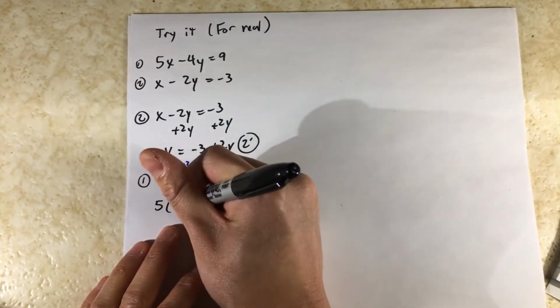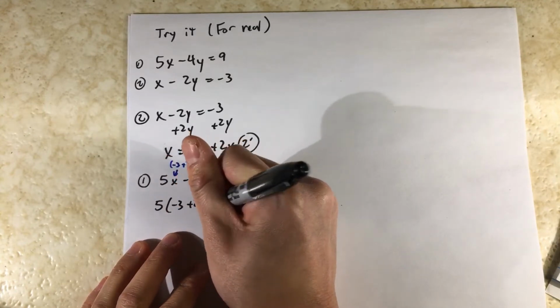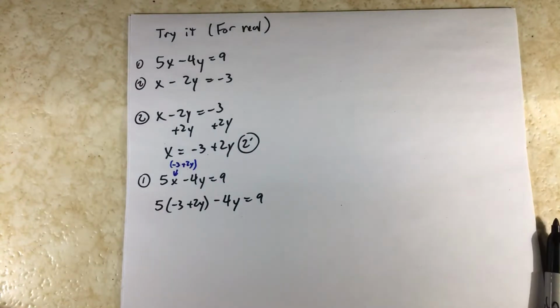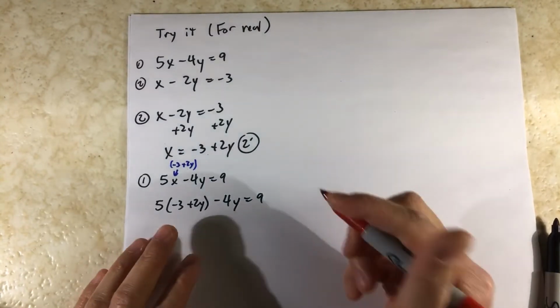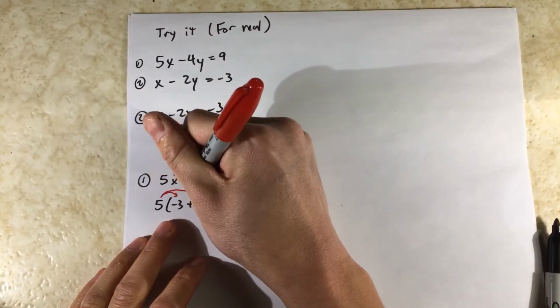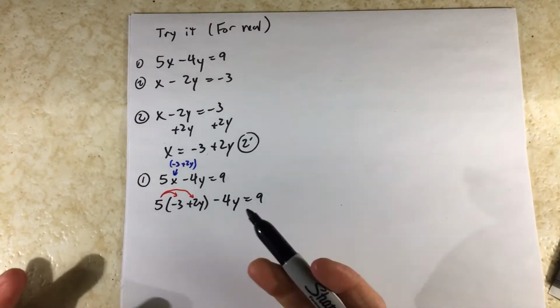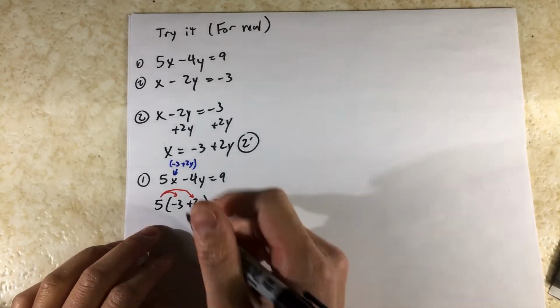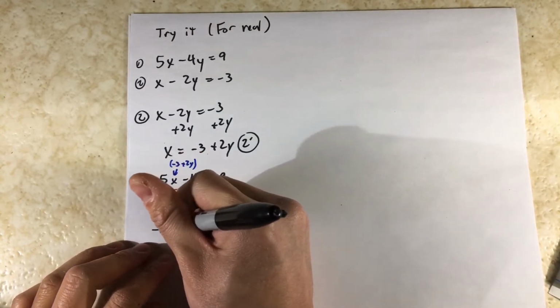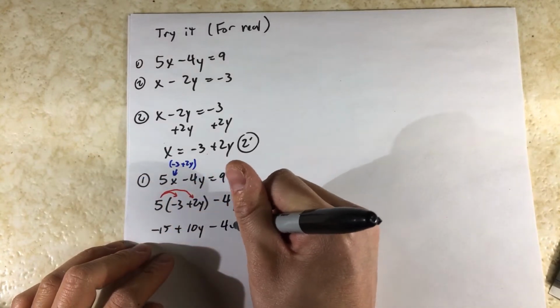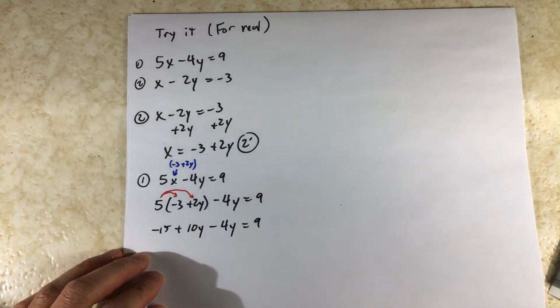So I get 5 times negative 3 plus 2y, minus 4y, equals 9. I used red for distribution, so that's what I'm going to do now. That 5 gets distributed to each of those terms. You see here I don't have any more x's because I eliminated them. So I get 5 times negative 3 is negative 15, plus 10y minus 4y is equal to 9.